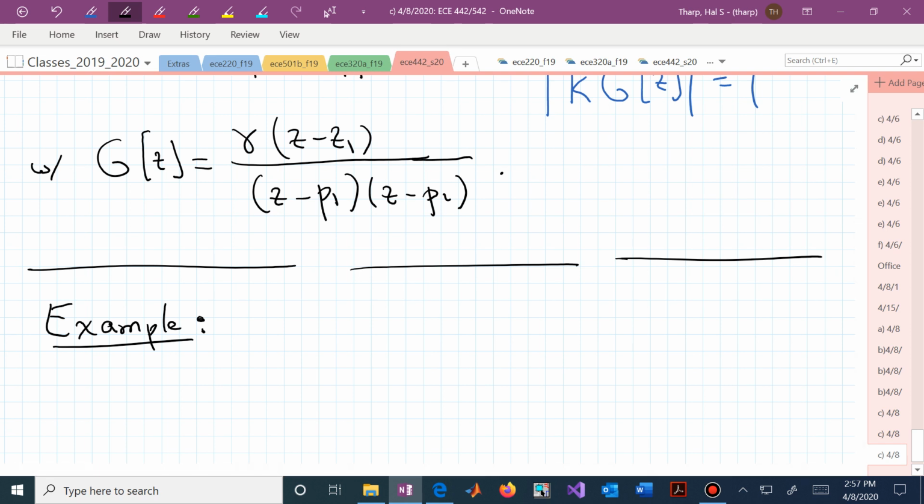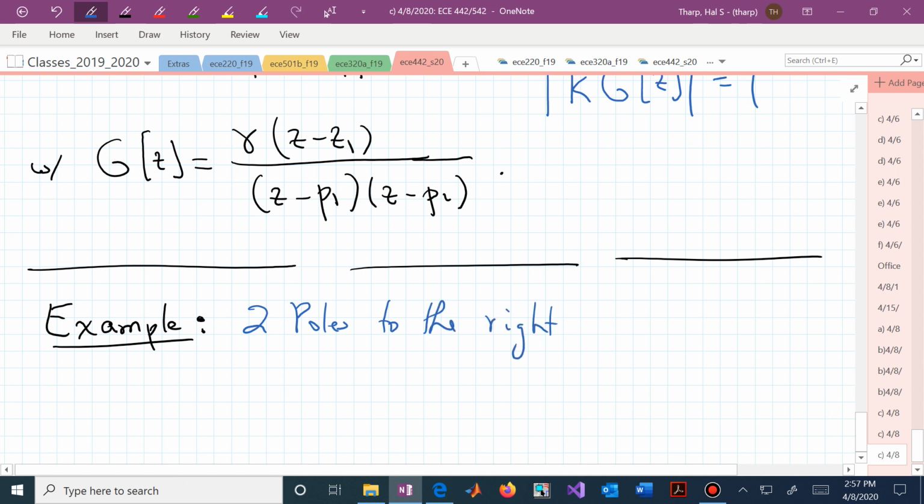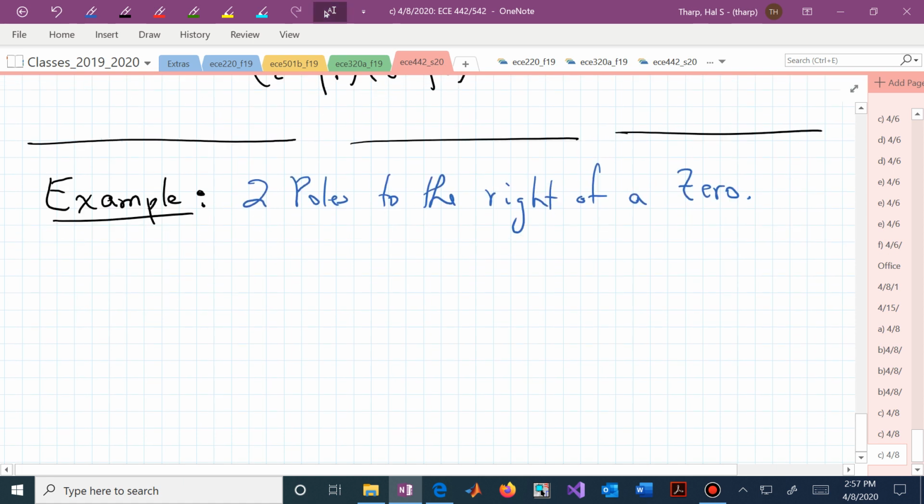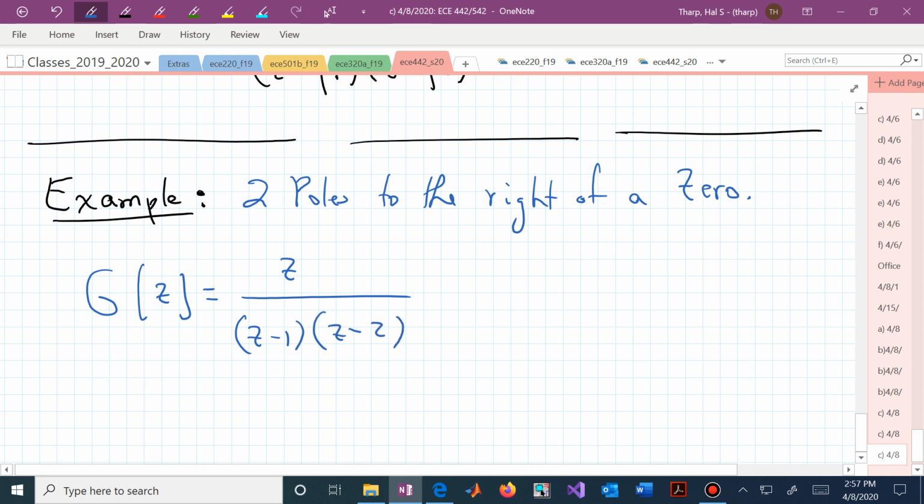But now let's go ahead and work through an example of two poles to the right of a zero. The example that I'm going to use, let's say that our zero is right at the origin, and let's let one pole be at 1 and another pole be at 2.